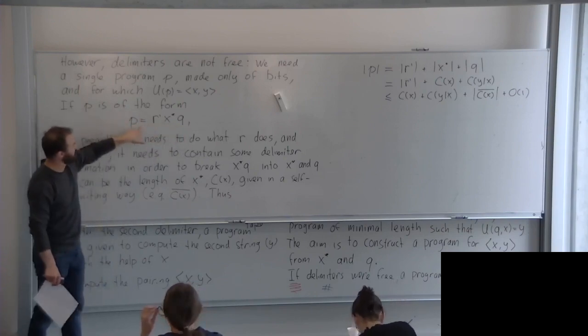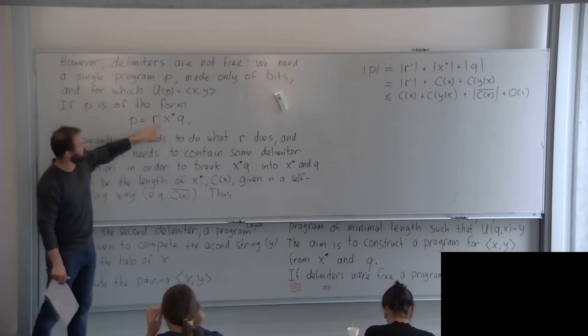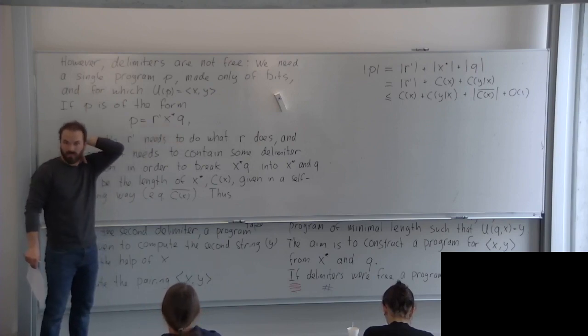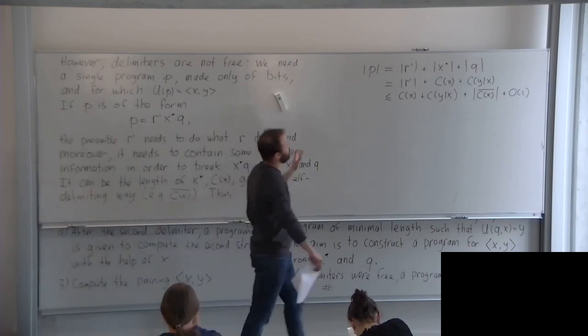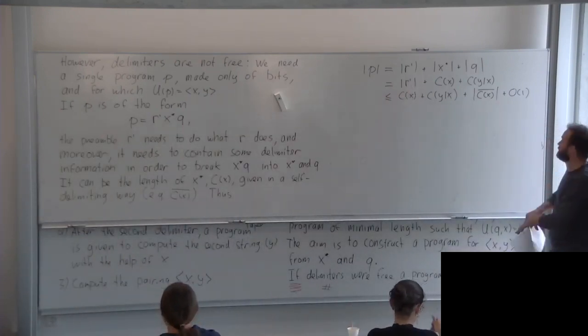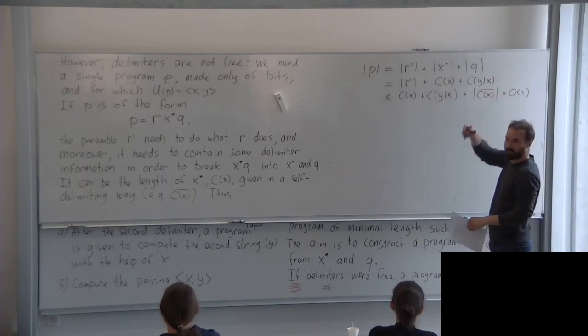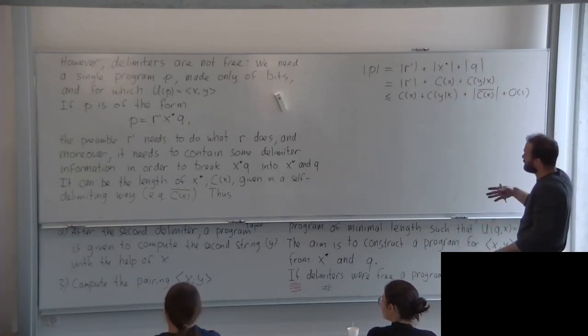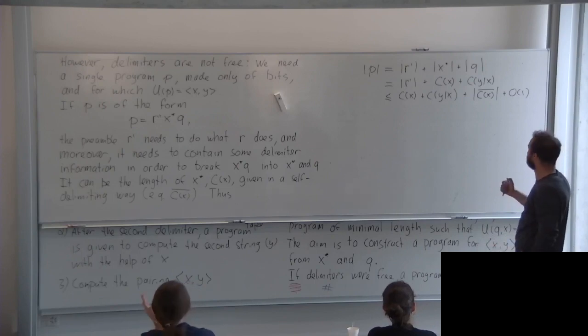So the total length of P is the sum of these lengths. Yeah, I thought that we cannot distinguish them in the given sense. Yeah, exactly. Well, I don't need to be able to distinguish them to write this down. Yeah, because of the equalities. This is just the fact that the length of concatenated strings is the sum of the lengths.